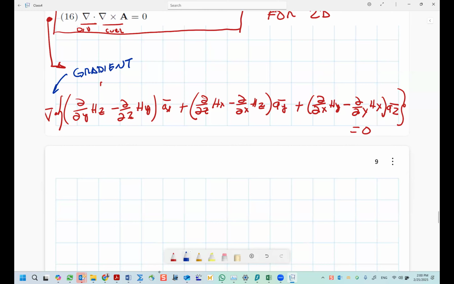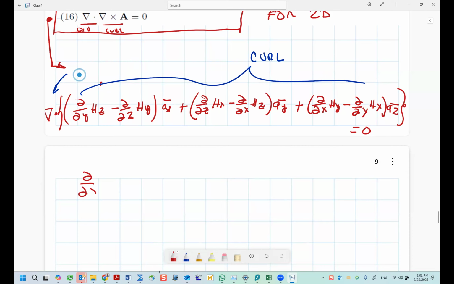This is the divergence of the curl, correct.